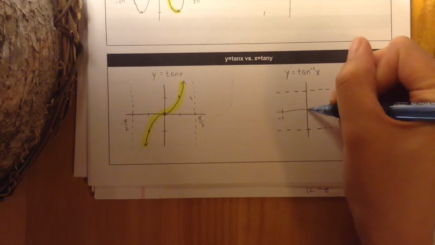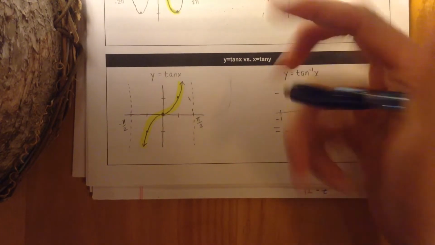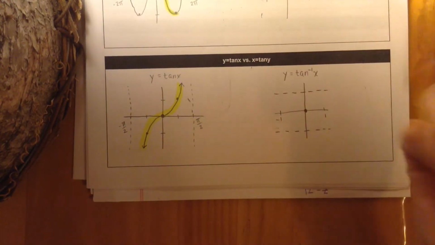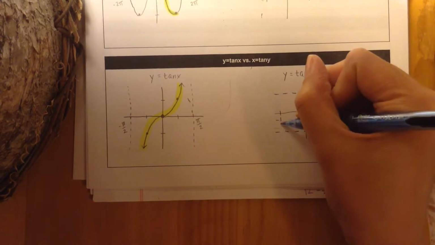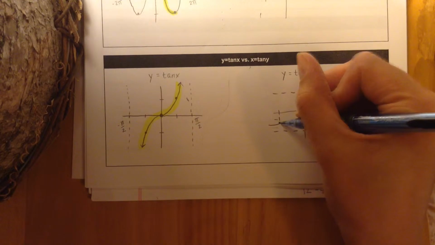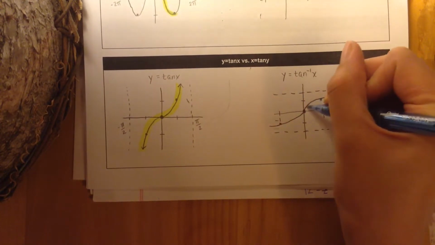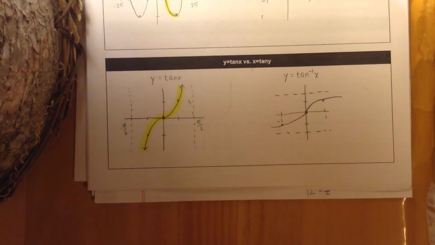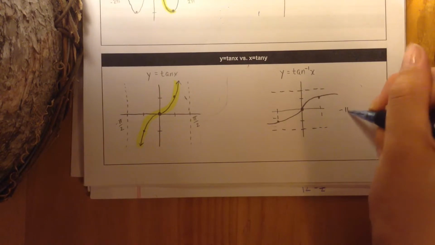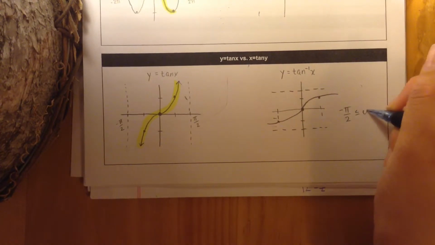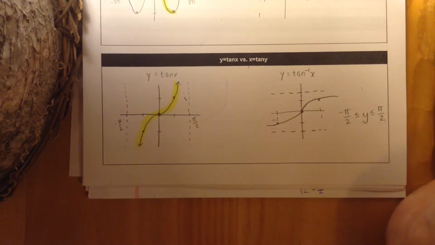When I sketch this, I better make this more reasonable. At pi over 4s is where we're at the 1s. And so we'll follow our curve this way. And we have our tangent inverse. So what that tells us is we're between negative pi over 2 and pi over 2. Same as our sine.